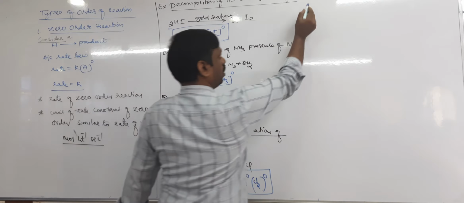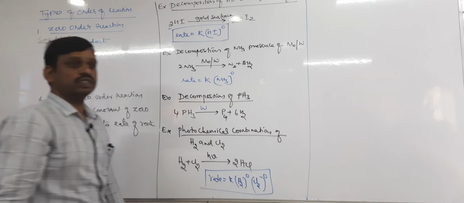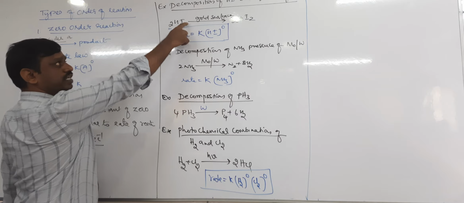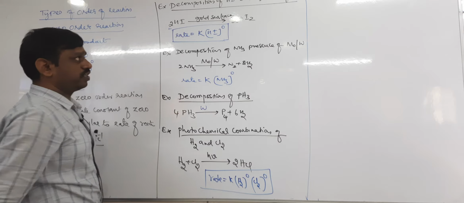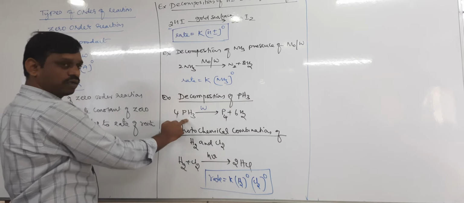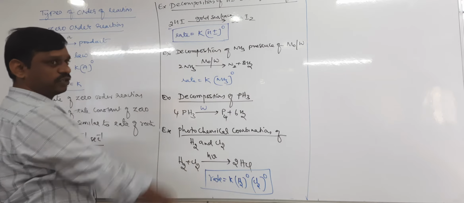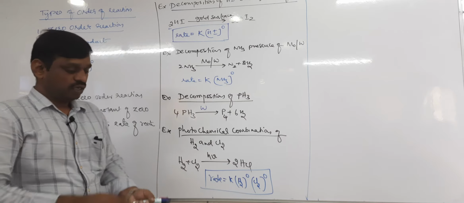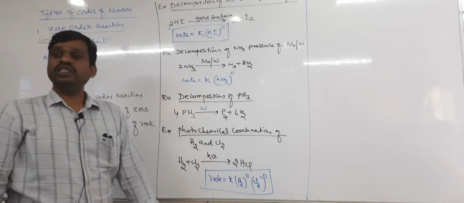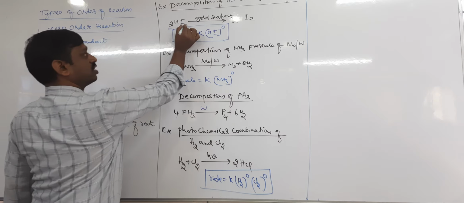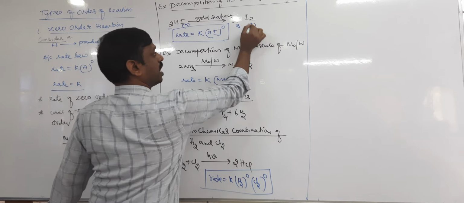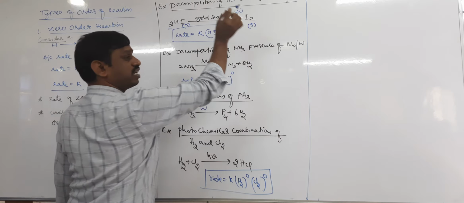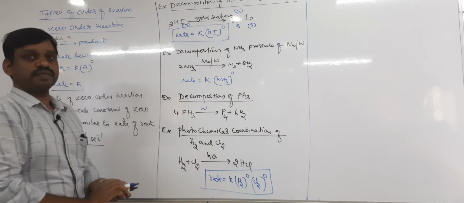So how do we remember zero order reactions in general? See the examples: decomposition of HI over gold surface, ammonia, and phosphine. All are decompositions, and they are heterogeneous. These reactions are called heterogeneous catalytic reactions, because the reactants are in gaseous state, but gold is a solid. So the catalyst is in a different phase from the reactants.